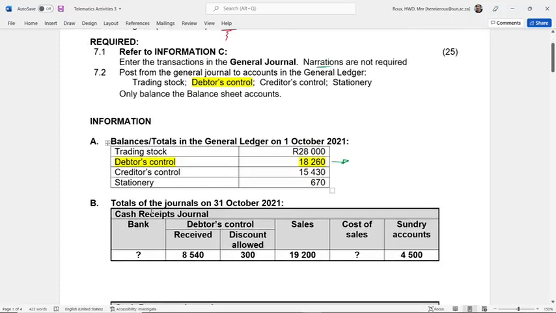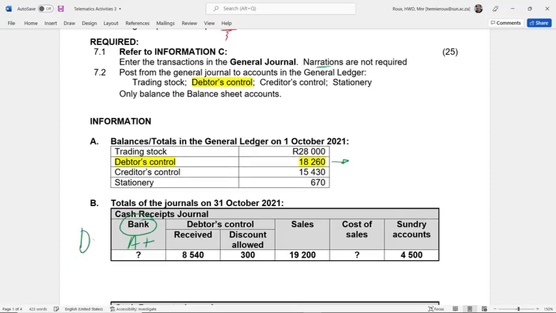If we look at the journals, now again, the principle of accounting equation. In the CRJ, we receive money. So bank is an asset that will increase.